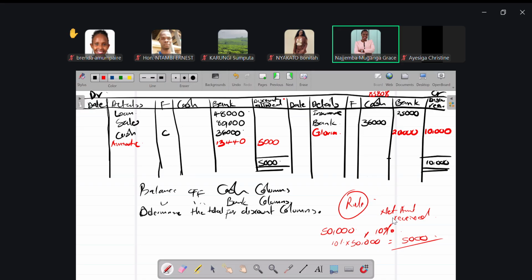So this 5,000 is the discount. How much will you record? You get 50 minus 5. That means you post the net amount received of 45,000. Sorry, just be alert with the English used. Interpret it well. You'll be good to go.